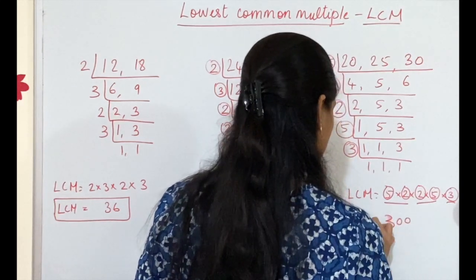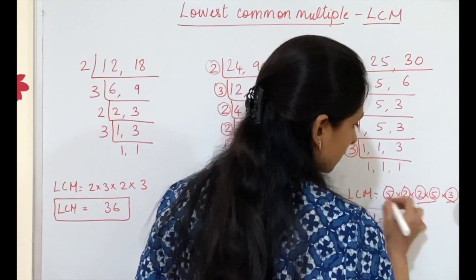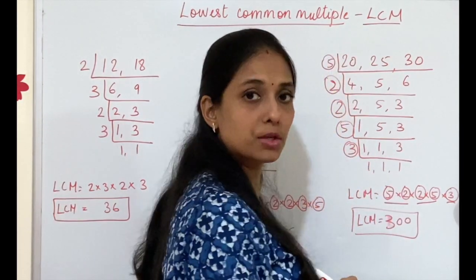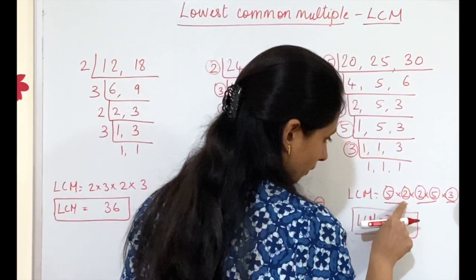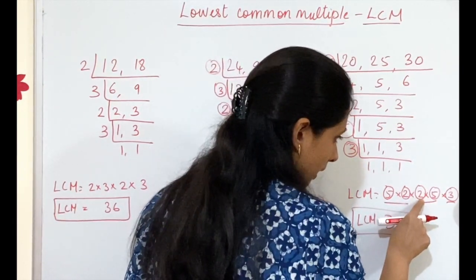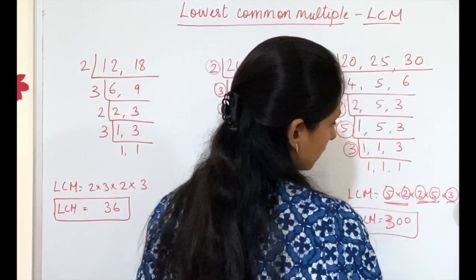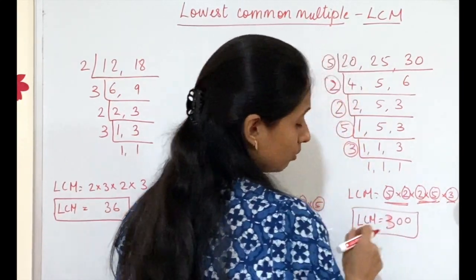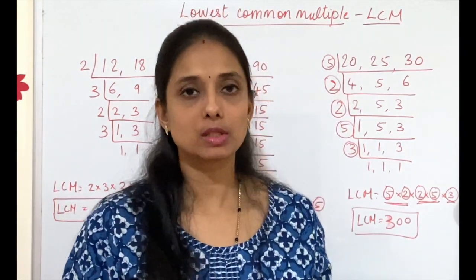Your LCM is 300. Club the numbers in such a way that your multiplication becomes easy. Instead of 5 into 2, 10, 10 into 2, 20, 20 into 5, you know 5 into 2 is 10, 5 into 2 again is 10, 10 tens are 100, into 3 you get 300. So, club the numbers so that the multiplication becomes easy.